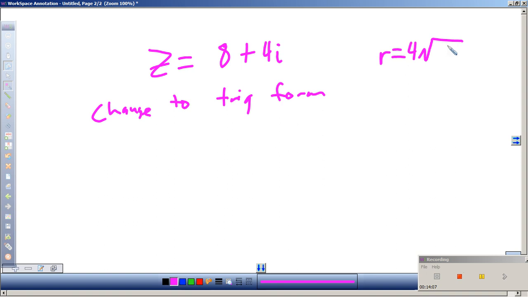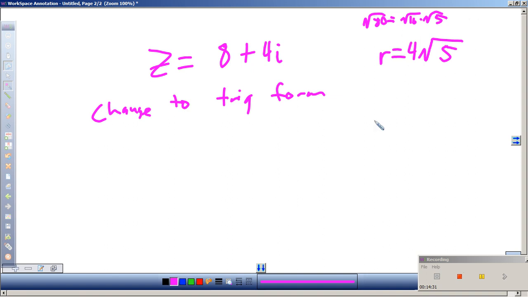So first we have to get r, which is the square root of a squared plus b squared, so 64 plus 16 gives us 80. Square root of 80 equals square root of 16 times square root of 5.